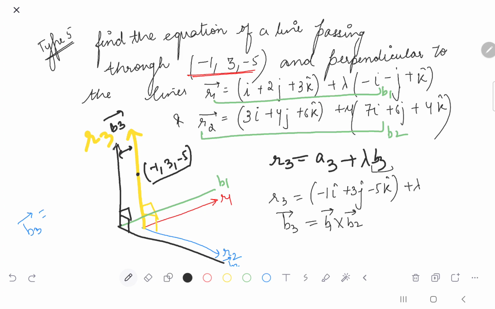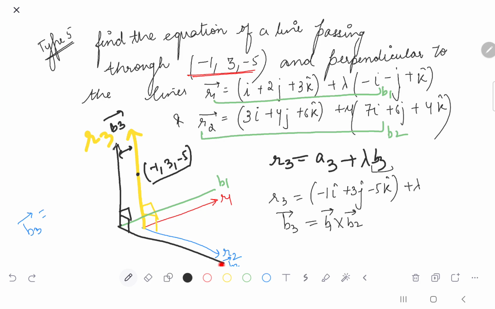Yes, ma'am. So what do you understand from this part? That's what my question is. Tell me that R3 has to be parallel to B3. How do you calculate this black B3 vector? B3 vector is also automatically perpendicular to B1 and B2. You understand? Yes, ma'am.